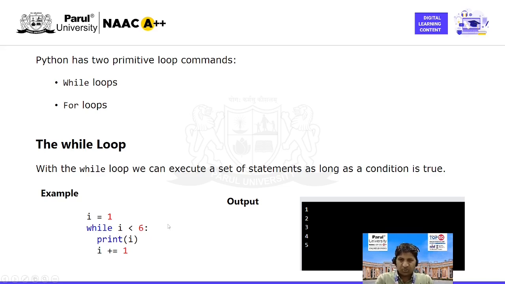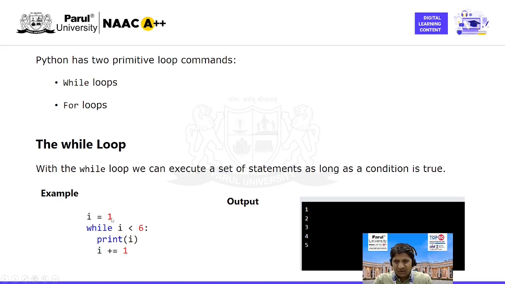This loop repeats the entire loop body until i is no longer less than 6. If the condition is true, then your body will be executed. If the given condition is false, then the loop terminates.